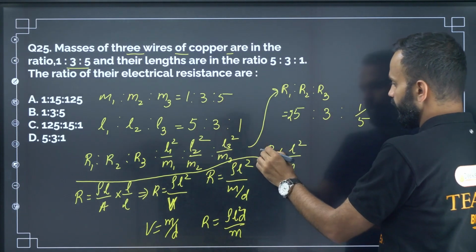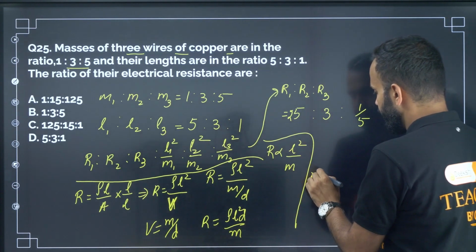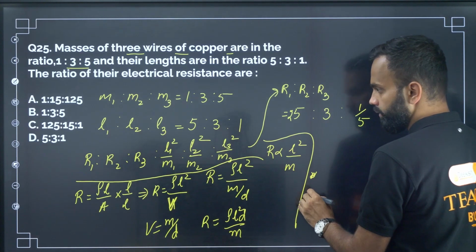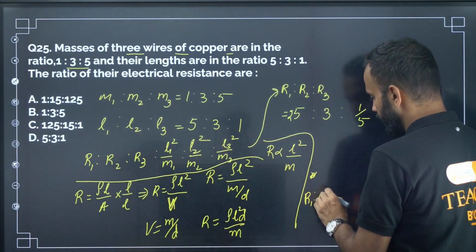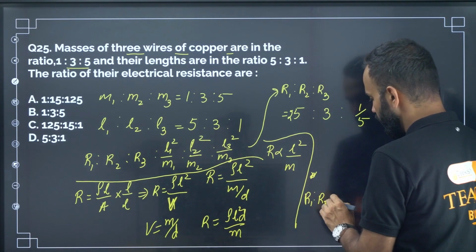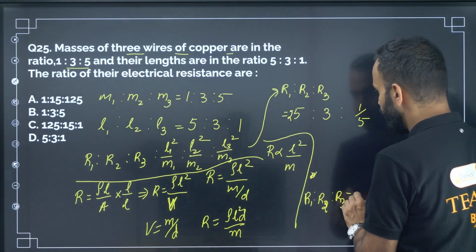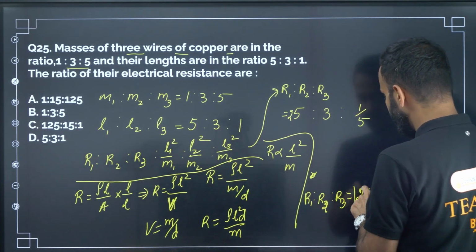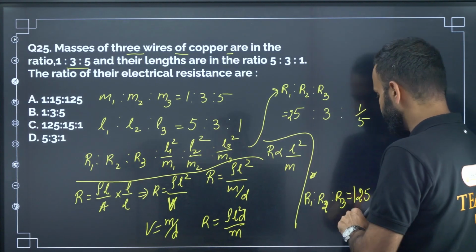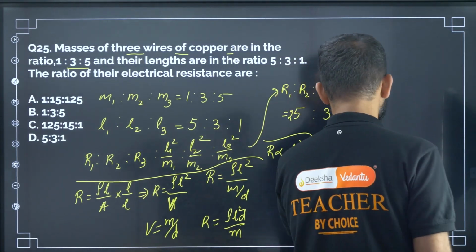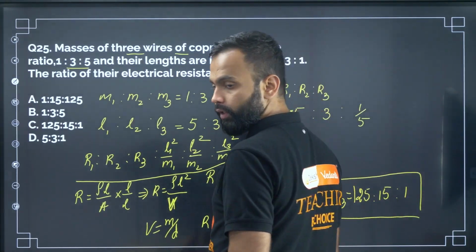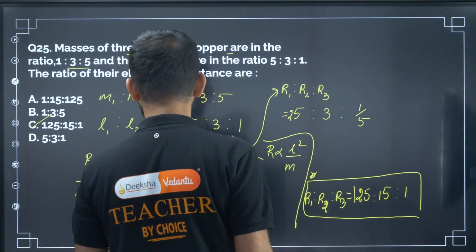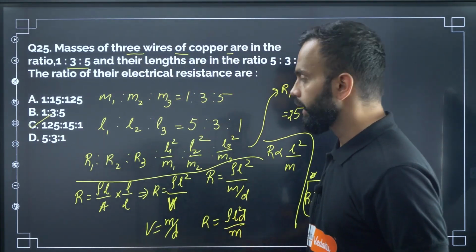Now solve this. You will get R1 is to R2 is to R3 equal to 125 is to 15 is to 1. So the correct option is C.